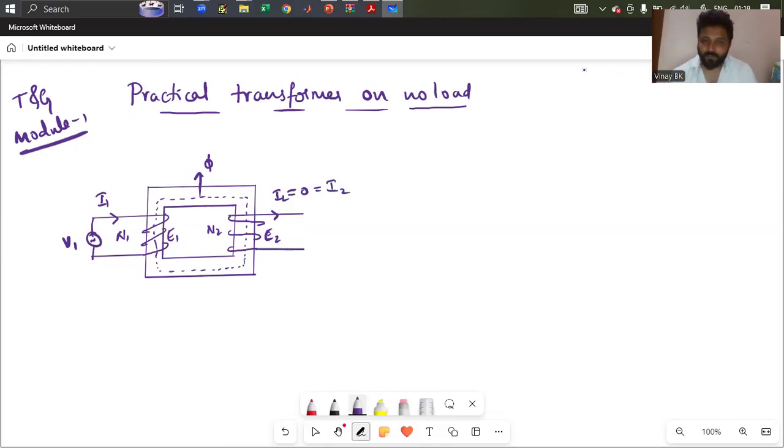Now I2 is 0, so whatever current flows from the primary side, we can call that the no load current. So I1 is nothing but the no load current, which you can also call I0, the current which flows during no load. I1 equals I0.